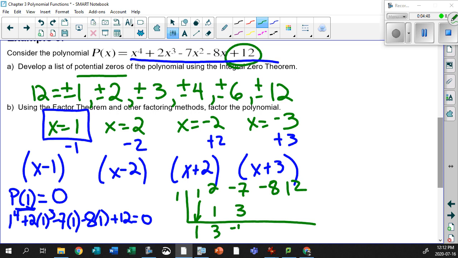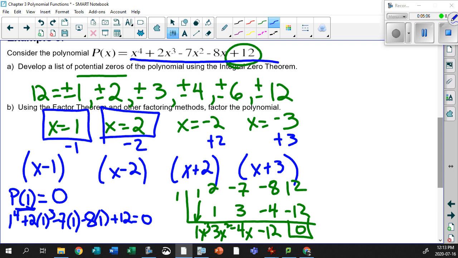That works out to be minus 4. Minus 4 times 1 is minus 4. That gives me my minus 12. Minus 12 times 1 gives me my minus 12. And in fact, it gives me my 0. Then this is my x position. This is my x squared. There's my x cubed.